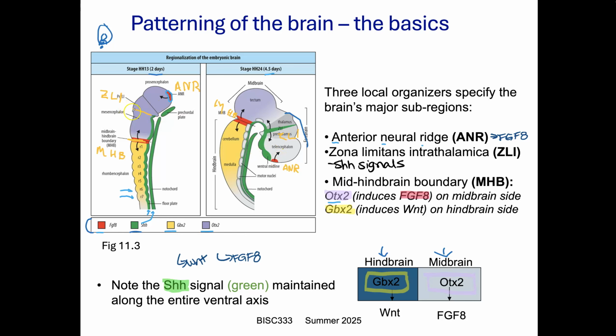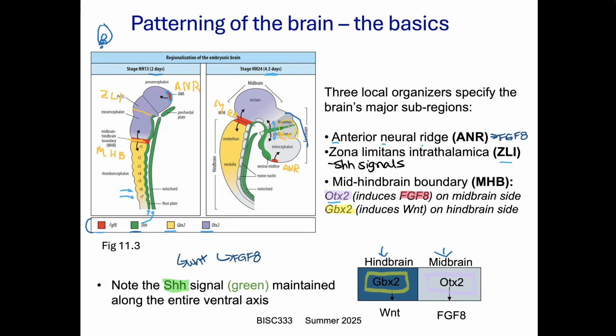And then the ZLI, zona limitans intrathalamica. If you just remember ZLI, that's going to be fine. It's not doing very much at this early stage, but in the 4.5-day embryo, it's starting to express sonic hedgehog to the cells on either side of it.